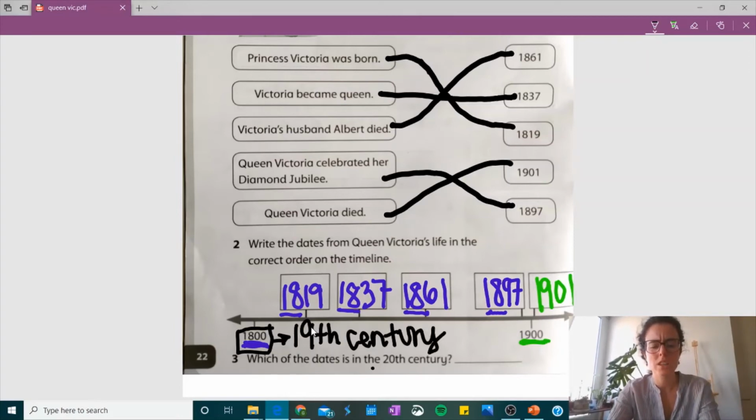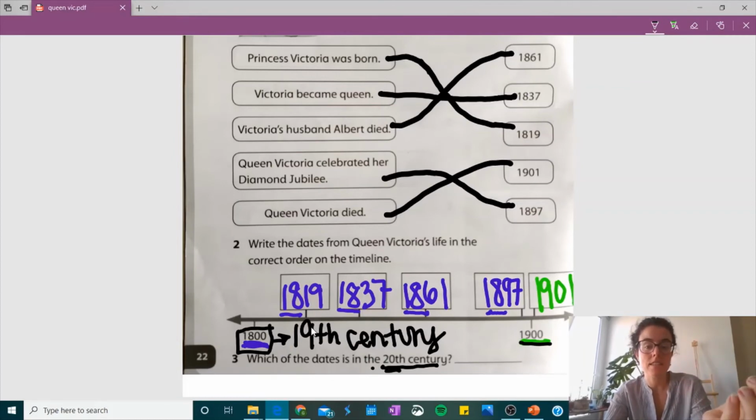So we need the 20th century, though, for this question. Well, when is the 20th century? What year should we look for? That's right, we need to look for the 1900s, because 19 plus 1 is 20.